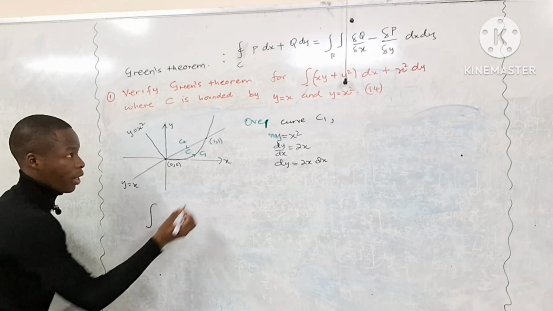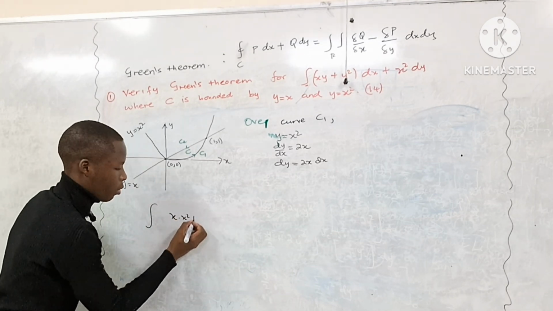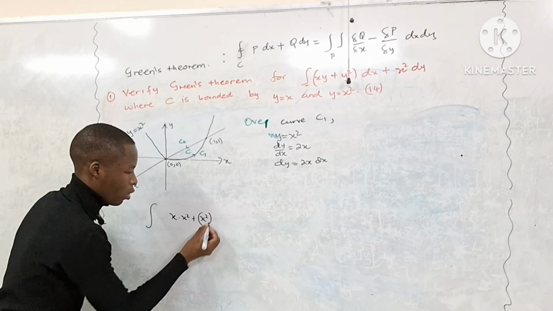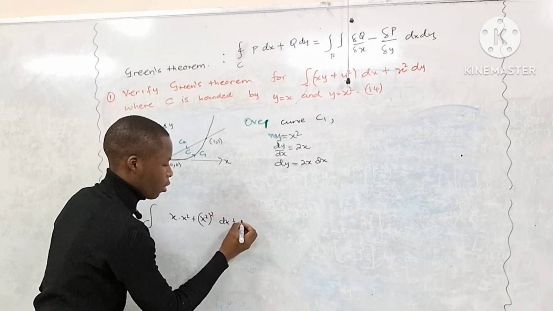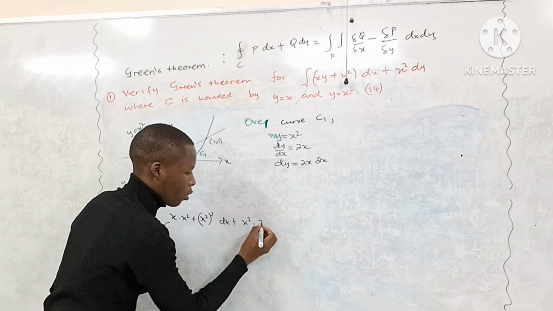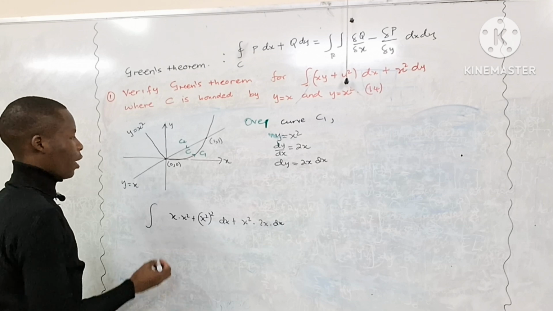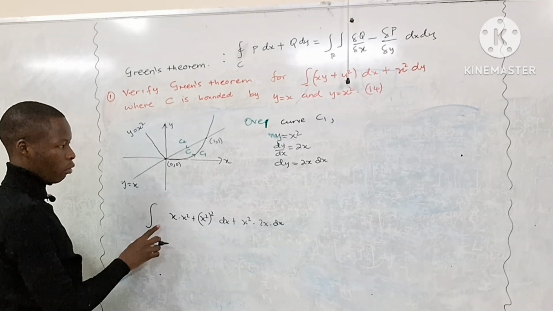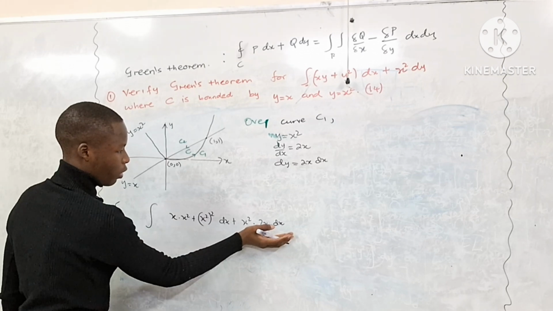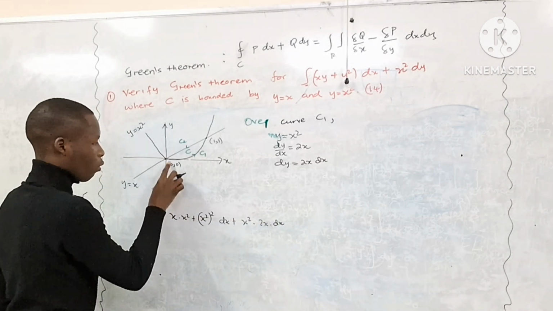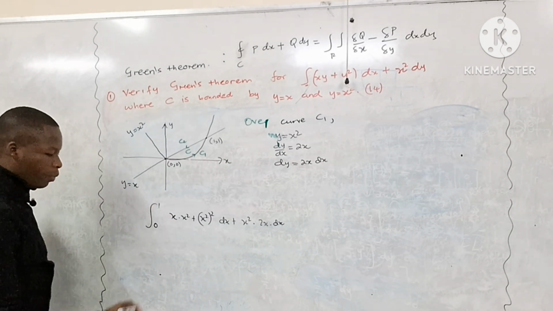This becomes the integral of x times x squared plus x squared to the power 2 dx plus x squared times 2x dx. Now what is the lower limit of x and what is the upper limit of x? The function is now in terms of x. So the lower limit of x is 0, the upper limit of x is 1.